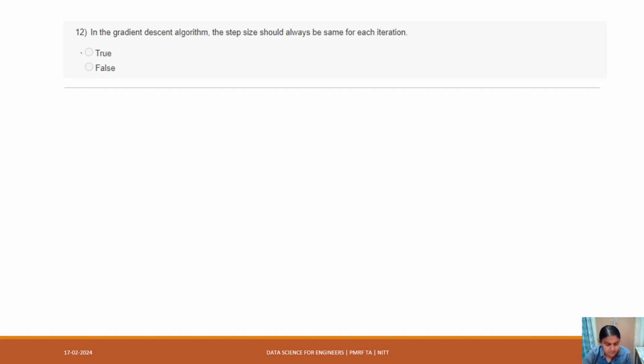I'll name this as A and this as B. Okay, so everyone's putting the answer as B. So the step size is not always the same for each iteration. In gradient descent it can change.